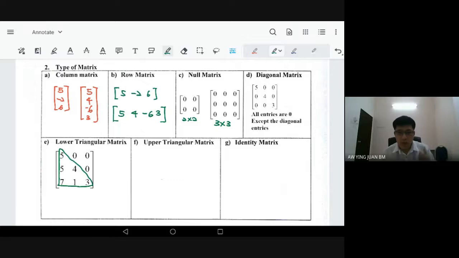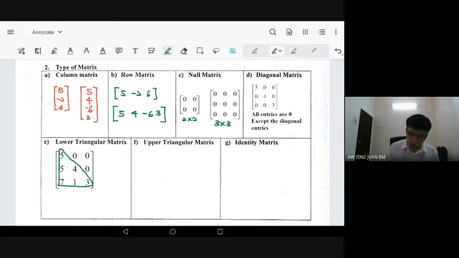Dia wajib mesti ada kosong. Kalau anda nampak 3 kawasan ini, iaitu A12, A13 dengan A23 adalah kosong, makna dia adalah lower triangular matrix. Yang bawah itu mungkin ada kosong ke tak ada kosong pun tak mengapa. Yang penting dia mesti ada 3 kosong. Kita panggil dia lower triangular matrix.